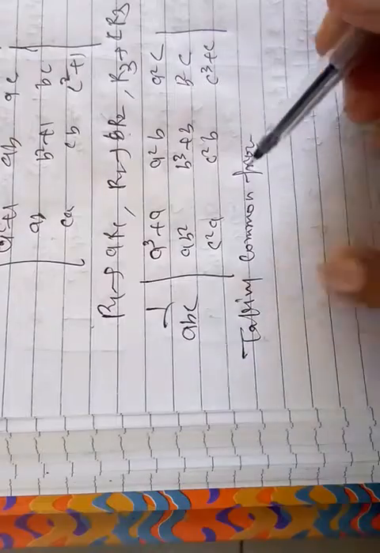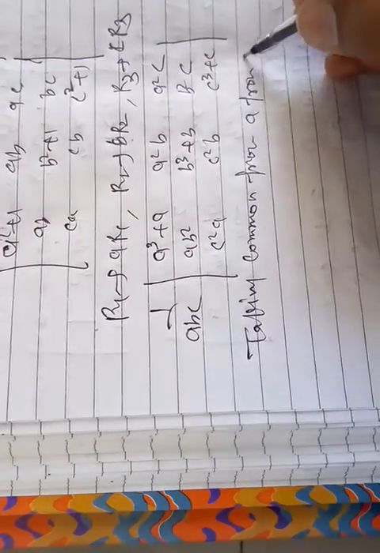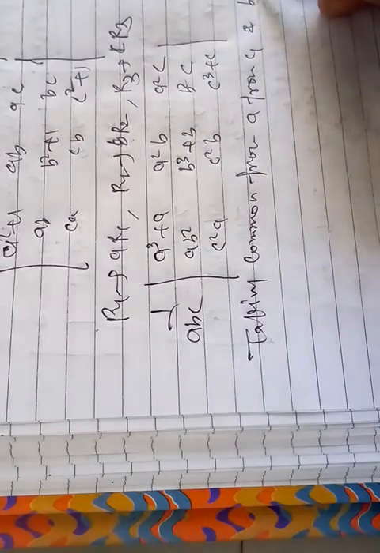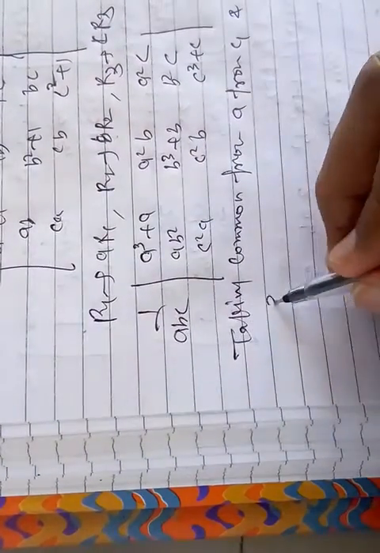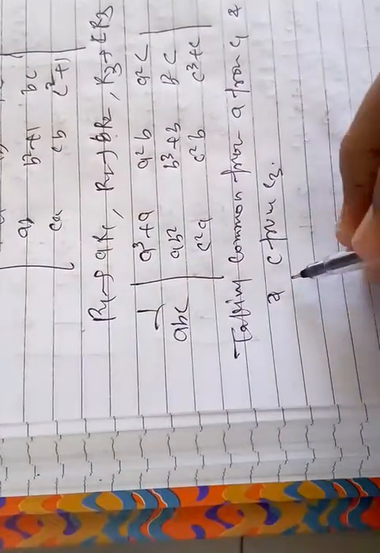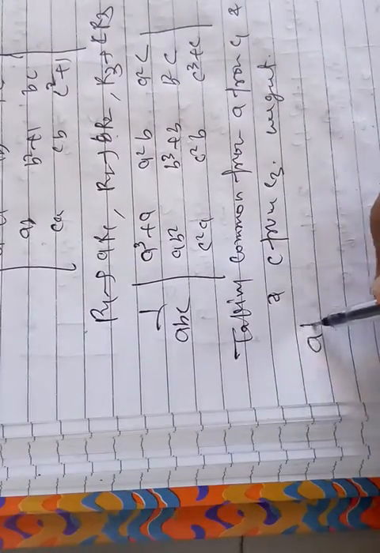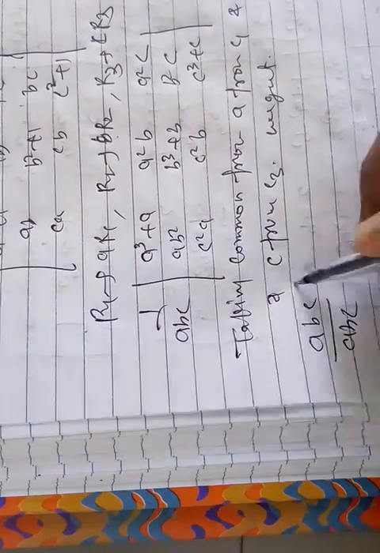From this, a from C1, b from C2 and c from C3, we get abc upon abc.